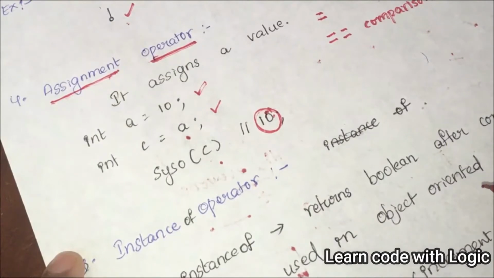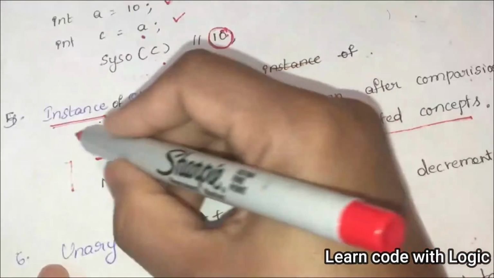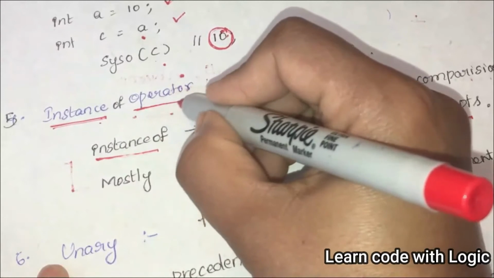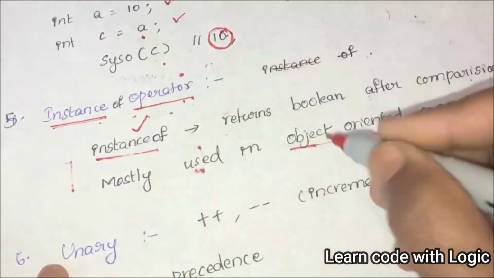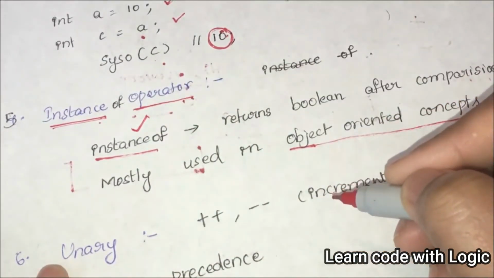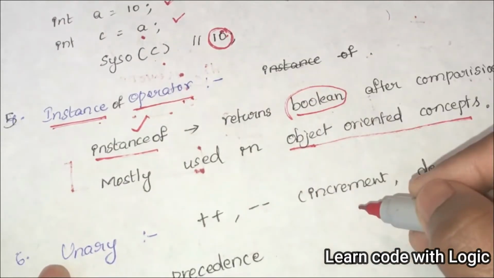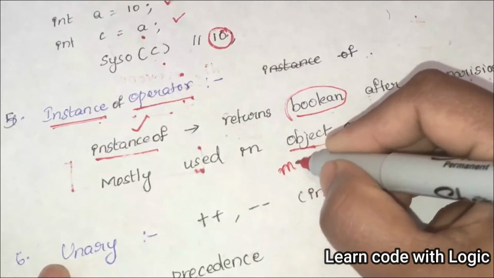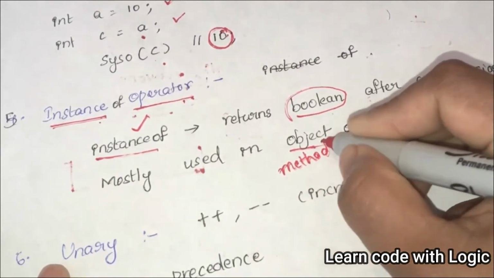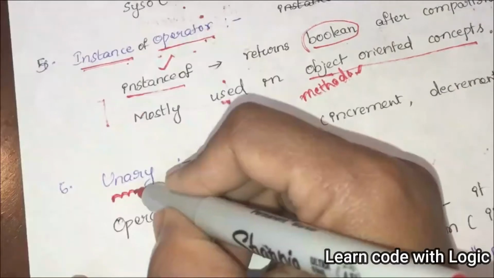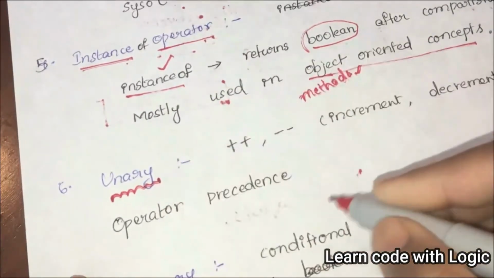This is the benefit of the assignment operator. The next one in Java is the instanceof operator. Instanceof is a keyword which we use in Java. It also does comparison and returns a Boolean value, but this one is used once we start with methods and constructors concepts.